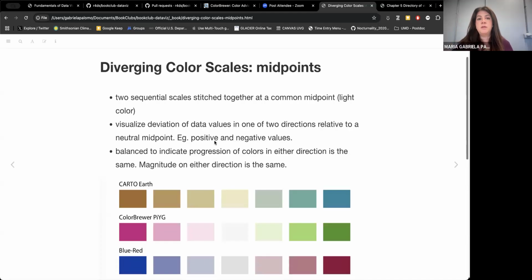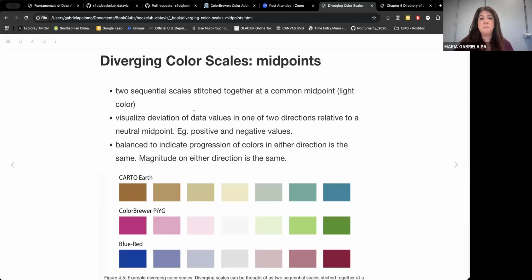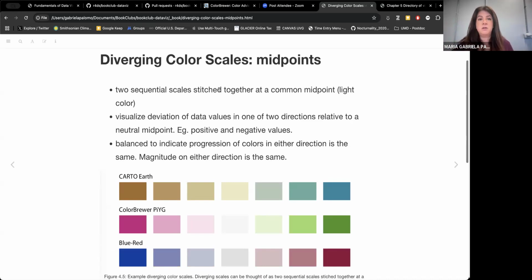Like I was saying, the midpoint is going to be in between two sequential scales, and the midpoint is going to have a different color. Usually it's the lighter color, so that it goes from very dark all the way to light, and then again increases to a different darker color.